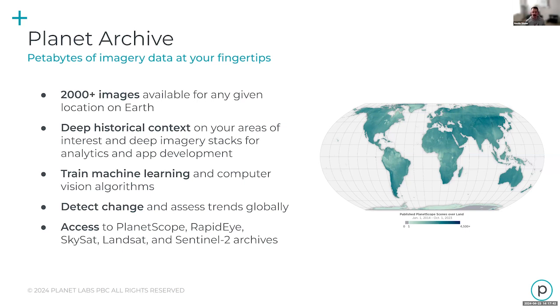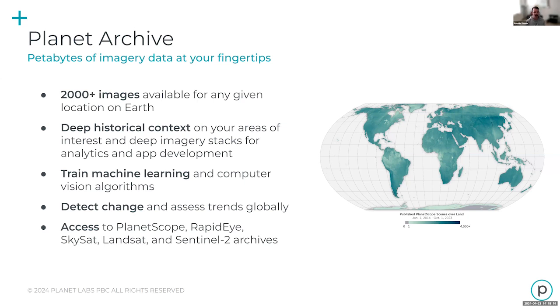And so this is really incredibly useful if you think about things from a machine learning or deep learning or AI approach, where a lot of data is needed to train particular models for particular anomalies to detect. And so it provides a really deep historical context across Earth's landmass, and you might be able to find a lot of value in having that near daily cadence across time.